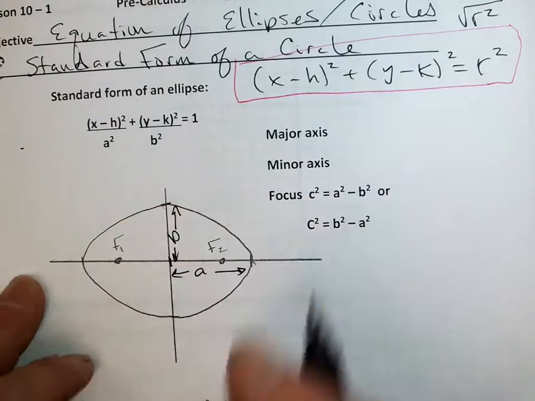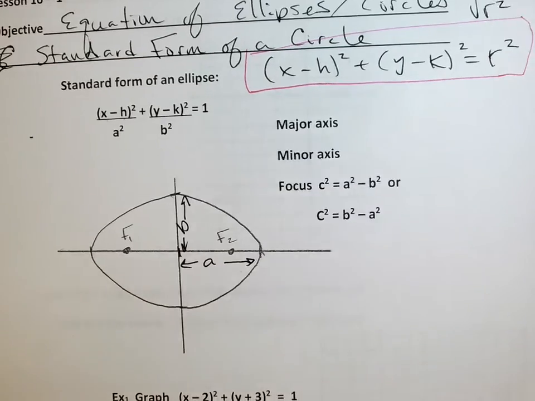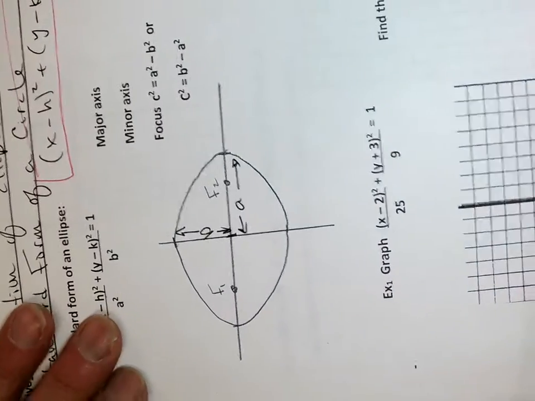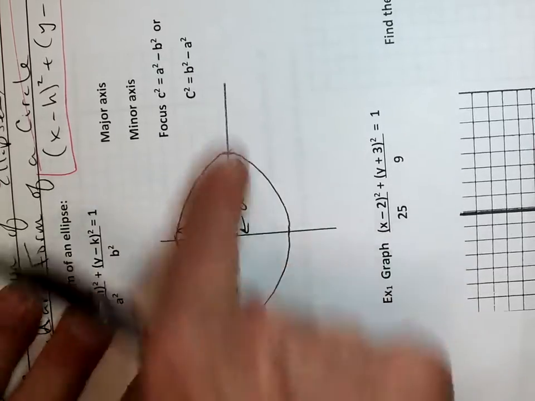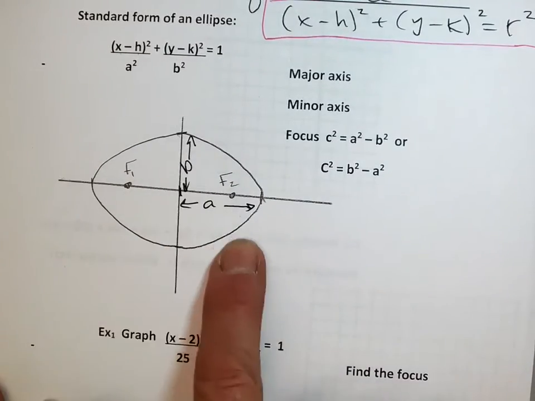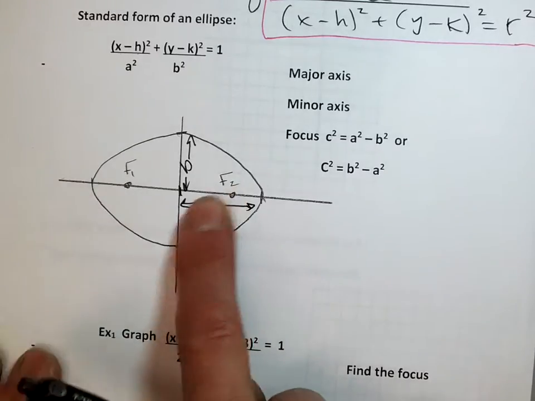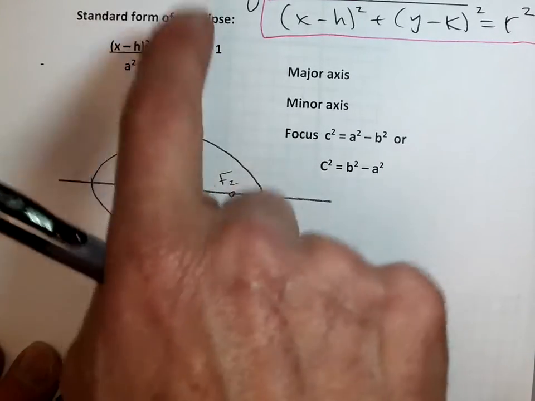So it's called the minor and major axes. Now you have to be careful because if the ellipse were like this, the major axis goes with the y, and the minor goes with the x. So one's bigger than the other. You just know that the x goes with the x, and the y goes with the y.